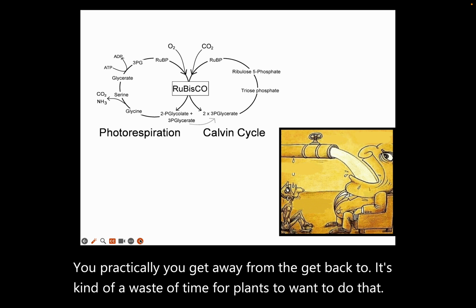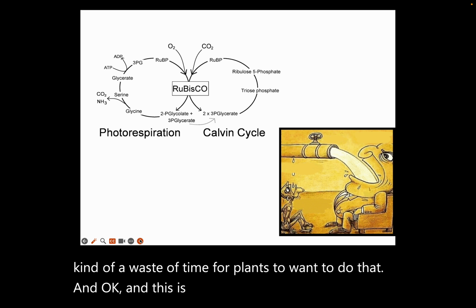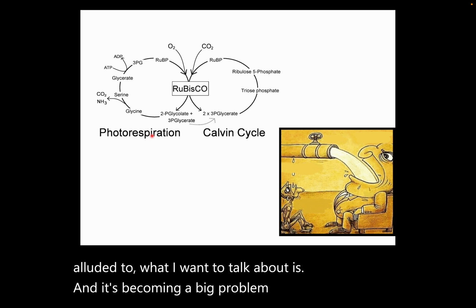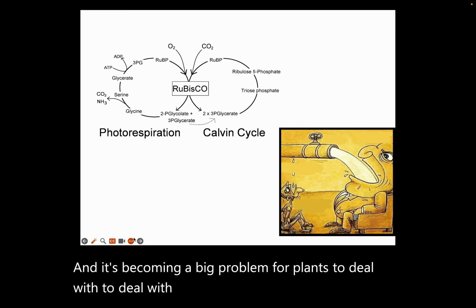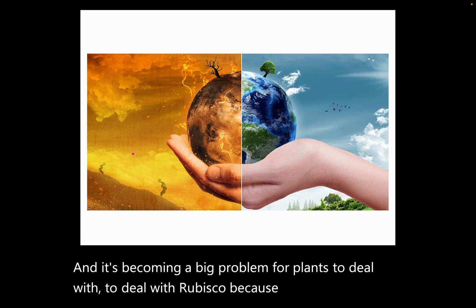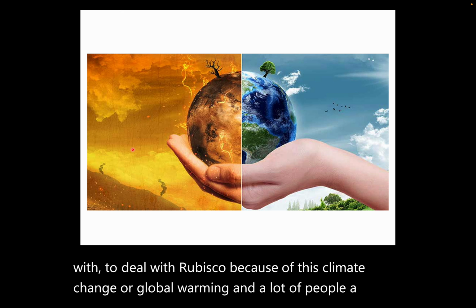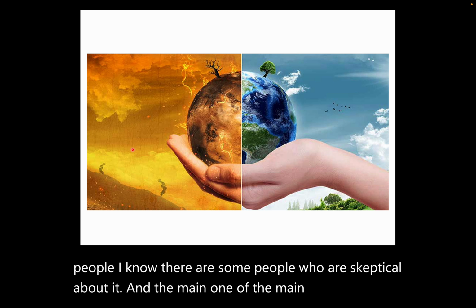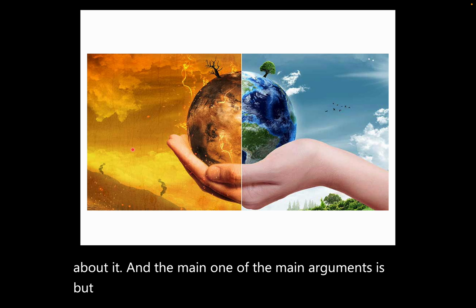And okay, this is finally alluding to what I want to talk about: it's becoming a big problem for plants to deal with Rubisco because of climate change or global warming. I know there are some people who are skeptical about it. One of the main arguments is, doesn't the Earth's temperature change?